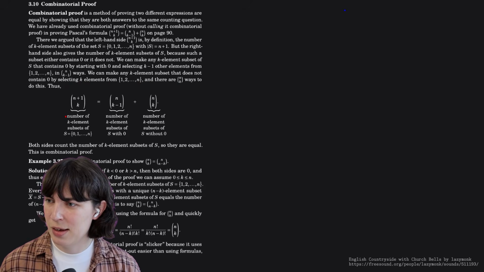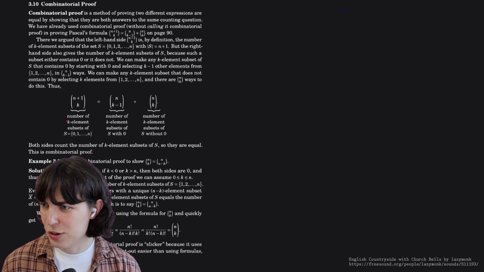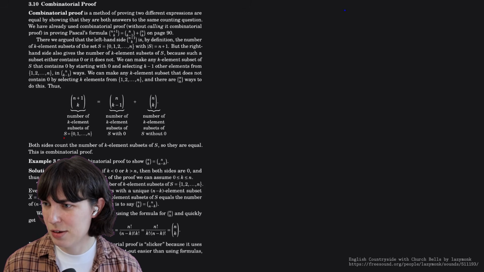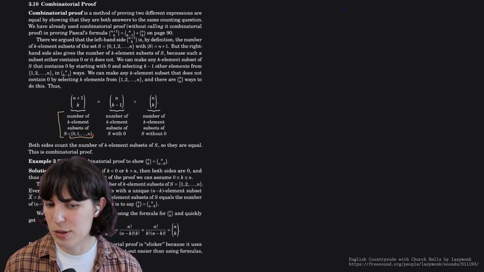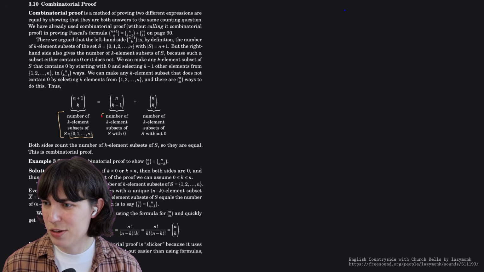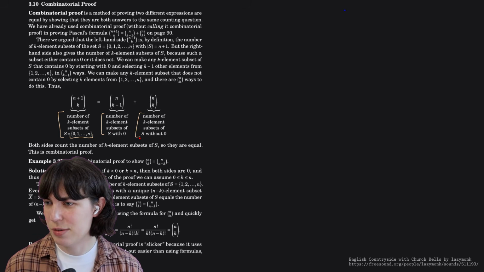Thus, n plus 1 choose k is the number of k element subsets of this set, which is basically the natural numbers including 0. It equals the number of k-element subsets of S with 0 plus the number of k-element subsets of S without 0.